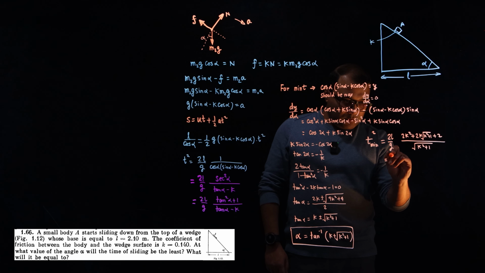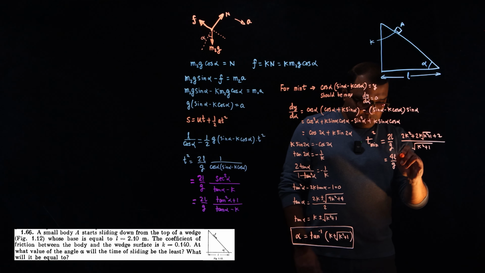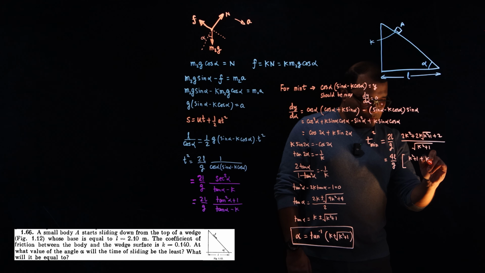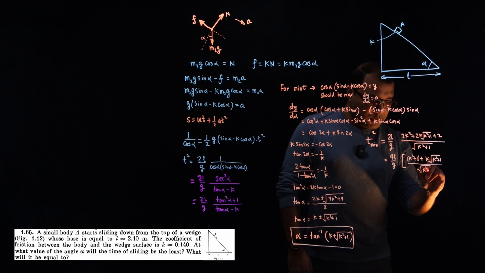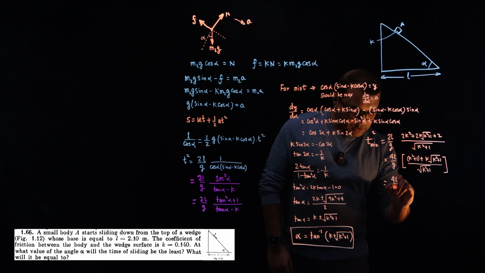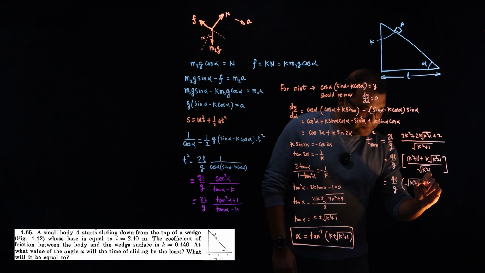So this gives me 4L by g times k square plus 1 plus k root k square plus 1, divided by root k square plus 1, which we can further simplify and write as 4L by g times root over k square plus 1 plus k.